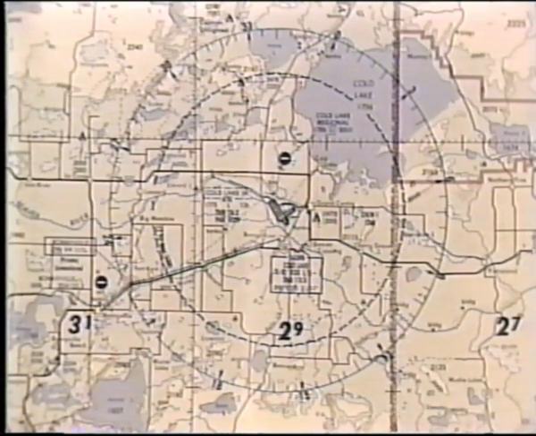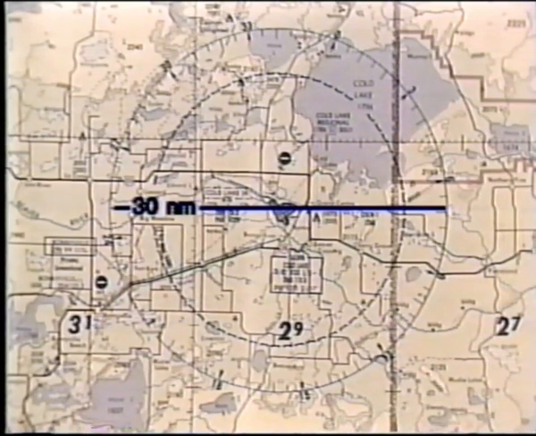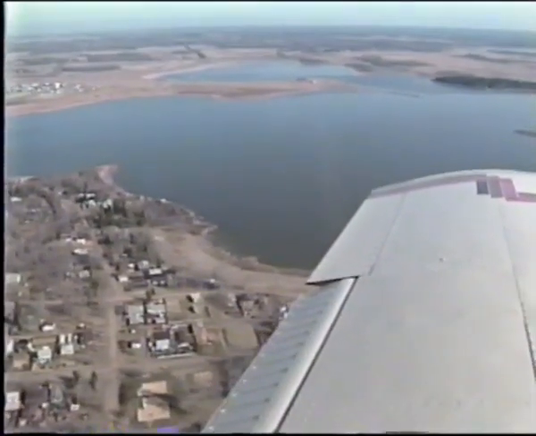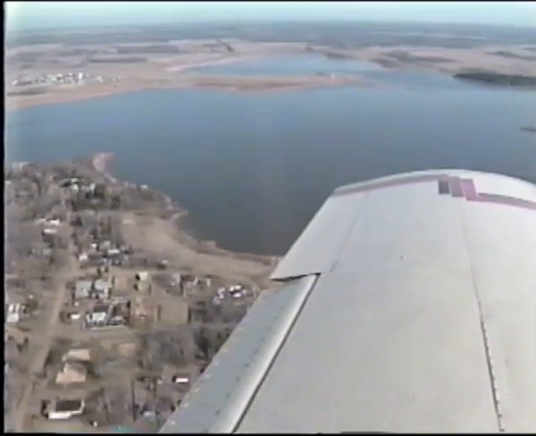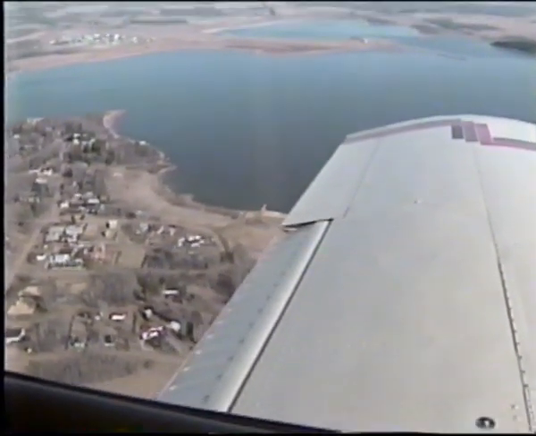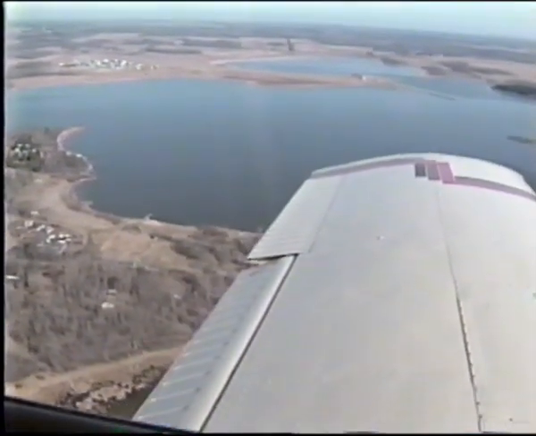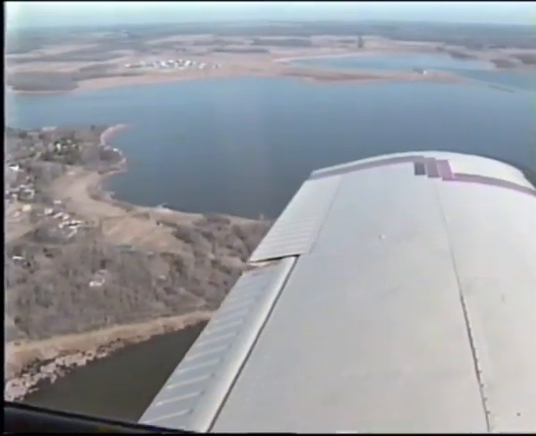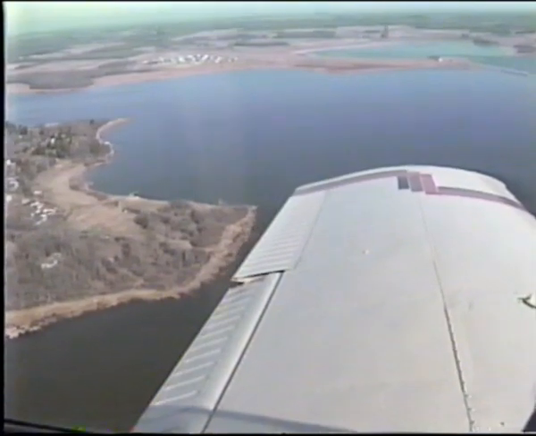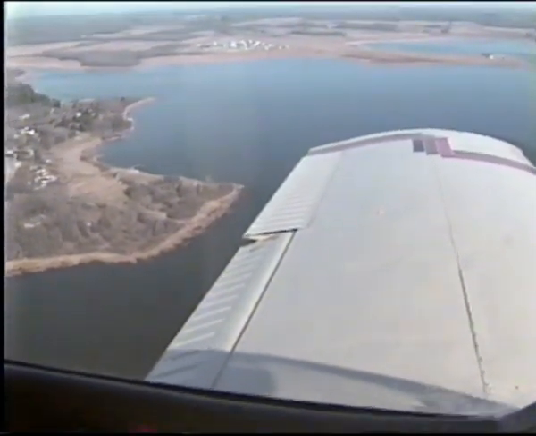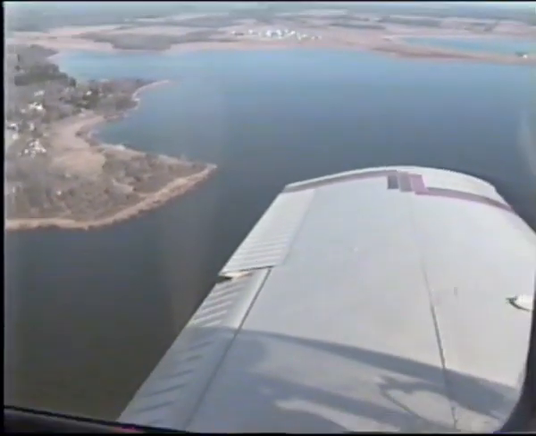On Canadian charts with a scale of 1 to 500,000, the compass rose around VOR stations is about 30 nautical miles. Always divert to the airport which has the easiest route to follow, be it a highway, power line, river, or other landmarks. Remember, you are generally diverting in an emergency or near emergency situation, so this is no time to test your pure navigation skills.